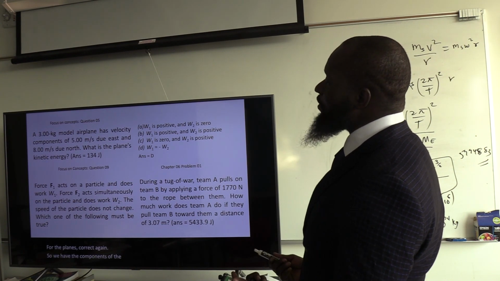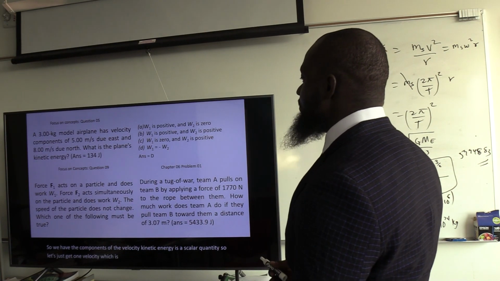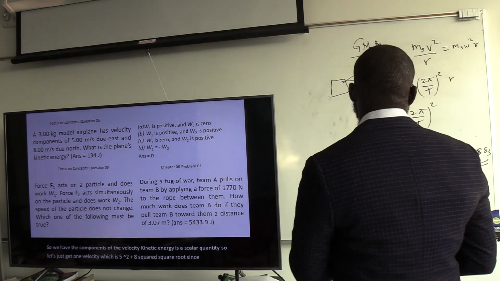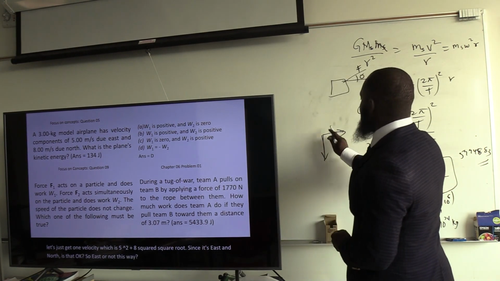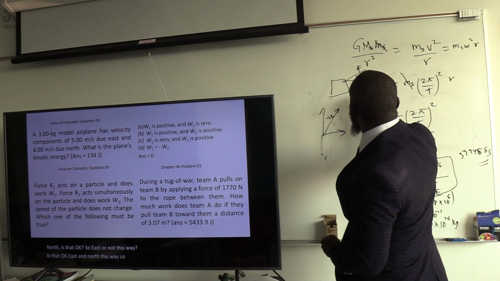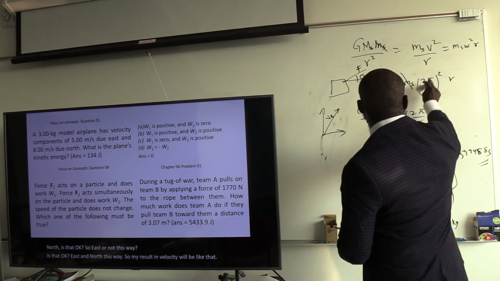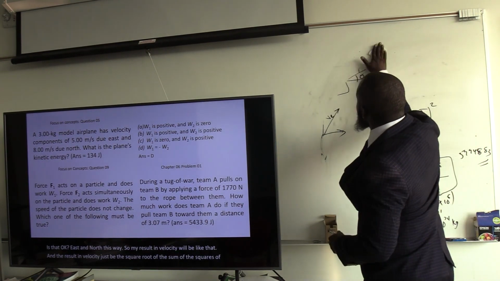Kinetic energy is a scalar quantity, so let's just get one velocity, which is the square root of 5 squared plus 8 squared, since it's east and north. Is that okay? So east and north this way. So my resultant velocity will be like that. And the resultant velocity will just be the square root of the sum of the squares of the individual velocities, right?